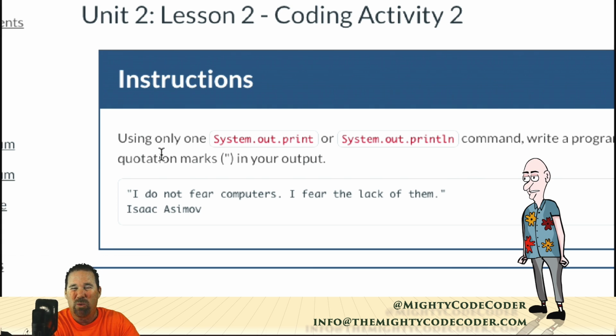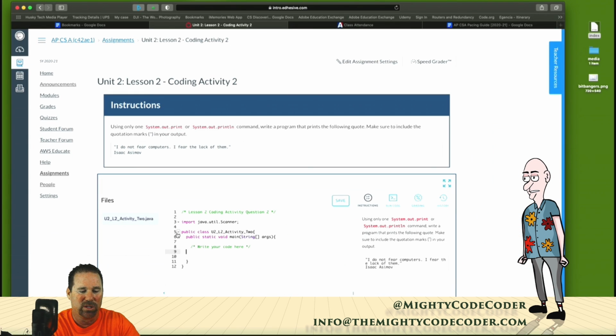How do I get a quote in the string if the quote is the string itself? I have what's called escape characters. And what if in a string I want the next bit of letters or sentence to be on the next line? How can I do that within a string? Do I have to do 2 System.out.println lines? Not really. There are these escape characters. So that's what this whole one's about.